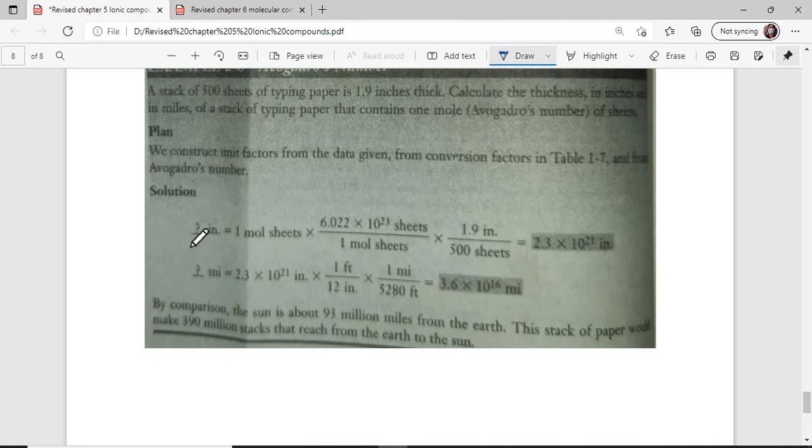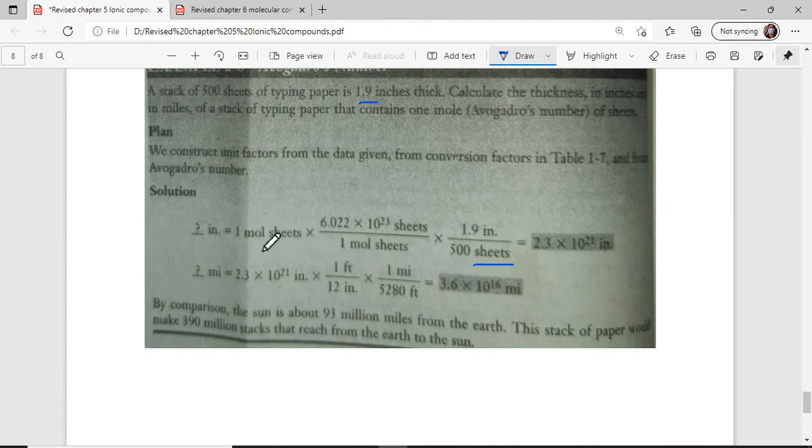Now, you are being asked how many inches there are in the given stack of typing paper. In every 1 mole of sheets of paper, you have Avogadro's number of 6.022 times 10 raised to 23 sheets. Now, you are given 1.9 inches for every 500 sheets.